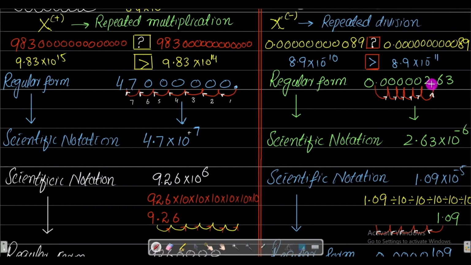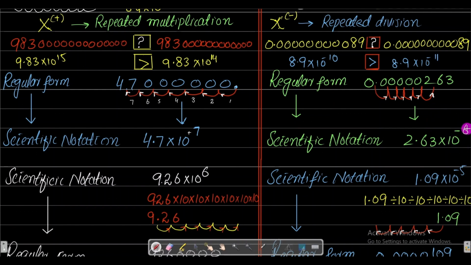So we take six steps in order to reach the first non-zero digit. So now the point is here between 2 and 6. So this becomes 2.63. And now for the smaller number, if we take the steps, here we take 6 steps. So we will write that with the negative sign.